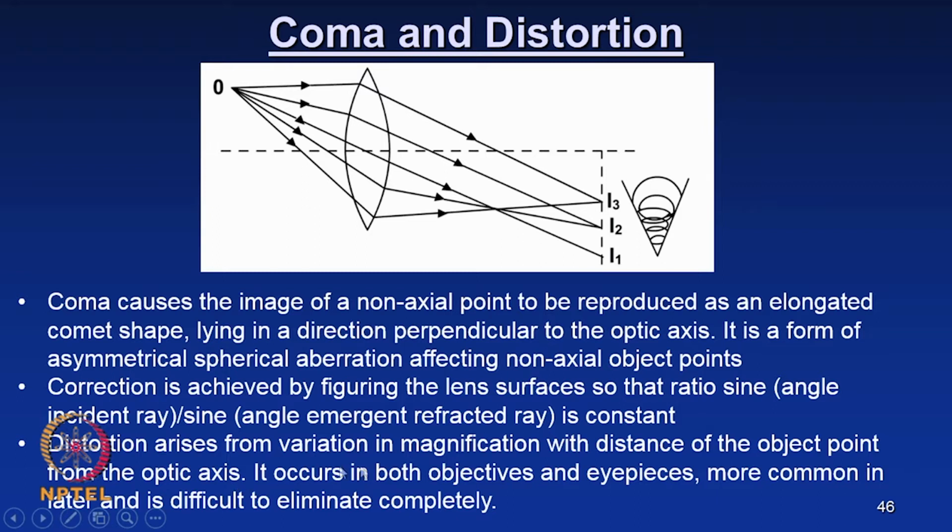That means the magnification is varying with the distance of the object from the optic axis. As you move from the optic axis, the magnification changes, and it occurs in both objectives and eyepieces, more commonly in the latter, and it is difficult to eliminate completely. So, you have to live with some defects.